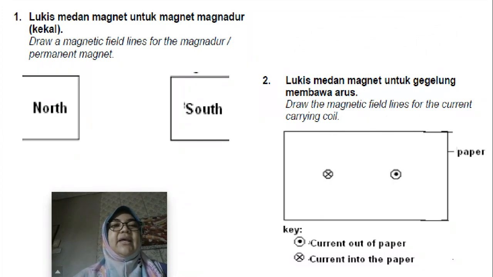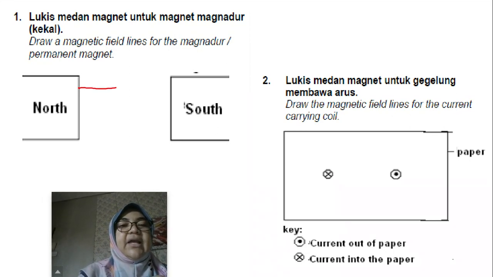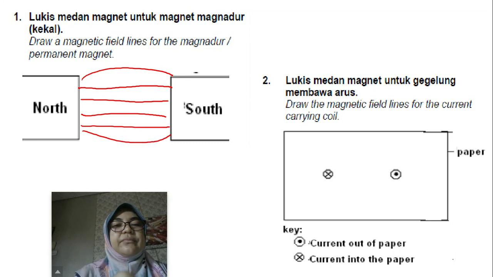We can see, draw magnetic field lines for the permanent magnet. So magnetic field line is always from the north to the south.